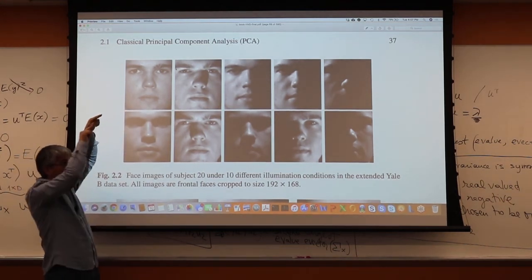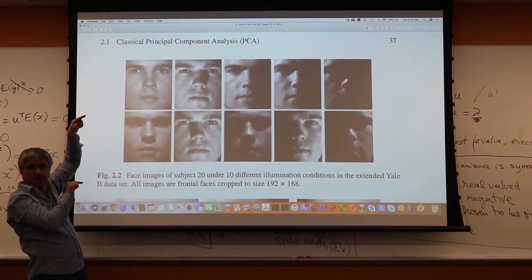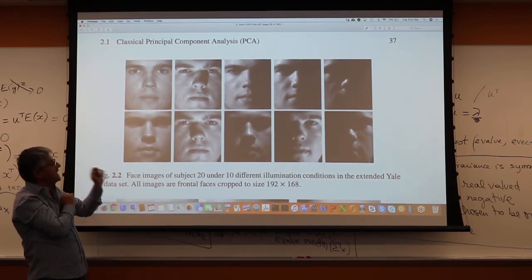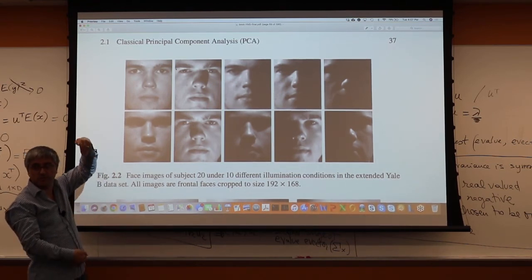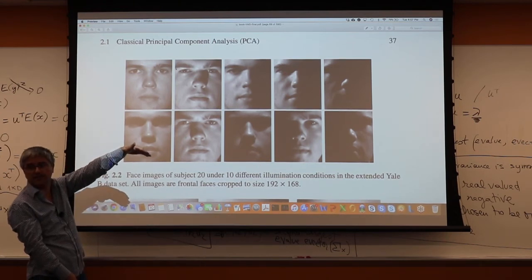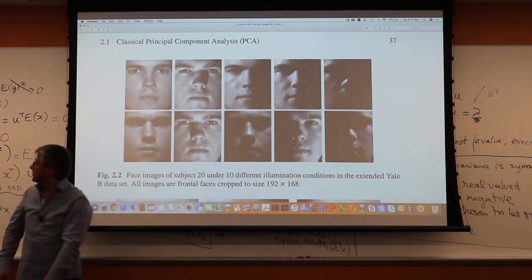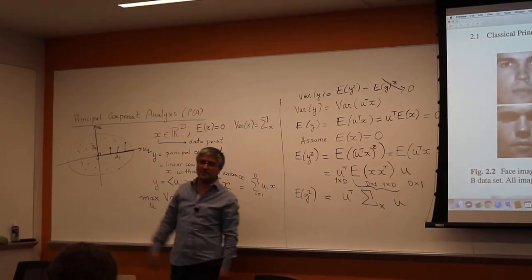And every entry of that vector is a different pixel, and is the light for that pixel. Now I'm going to have one individual and 60-something illumination conditions, whatever. So the matrix is 1,000 by 60. That's my data. Okay? So it's like having 60 points in a space of dimension 1,000.